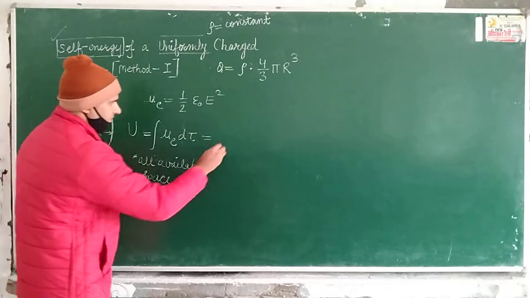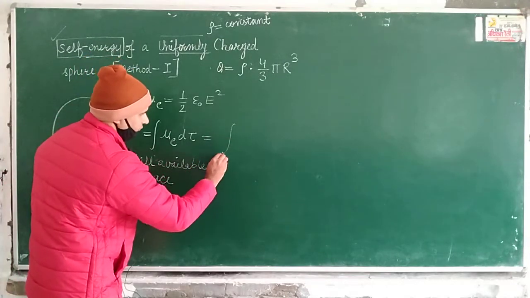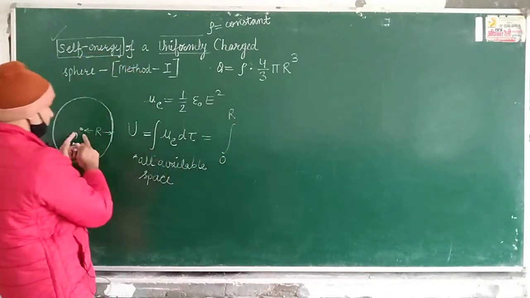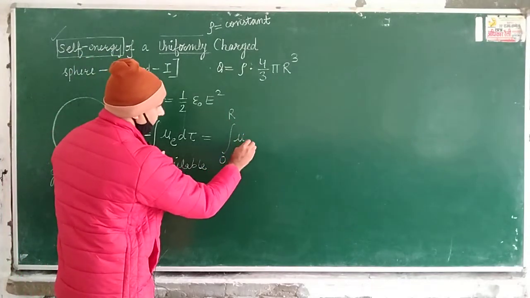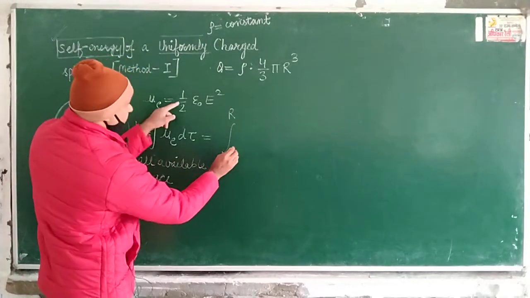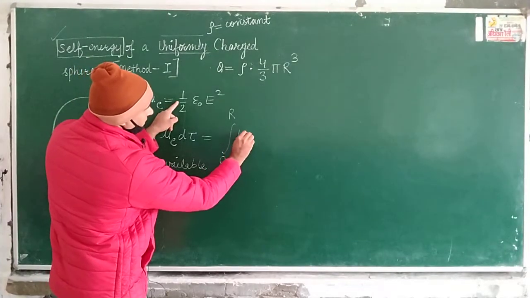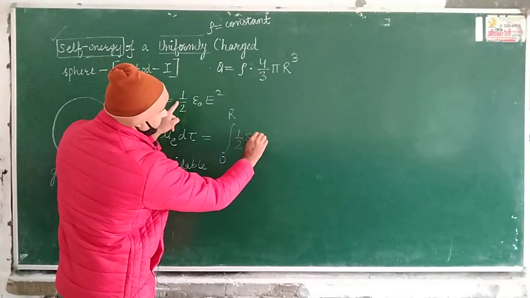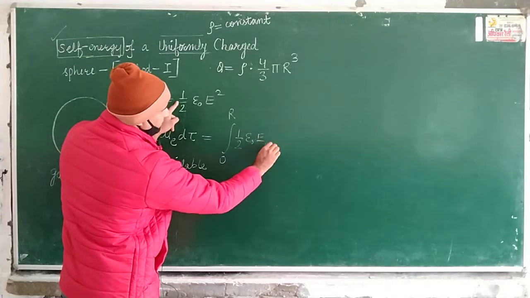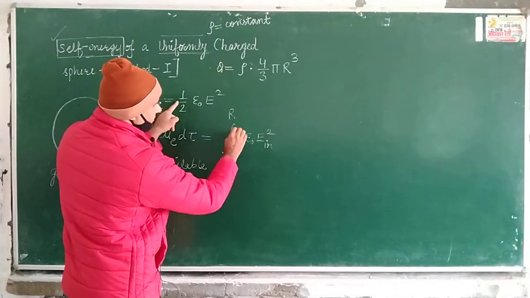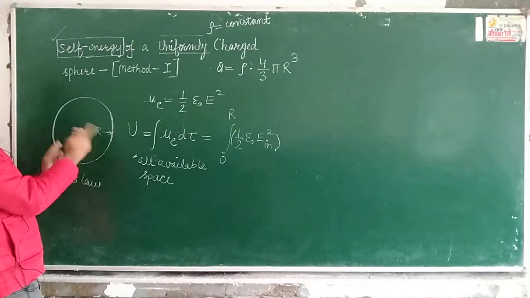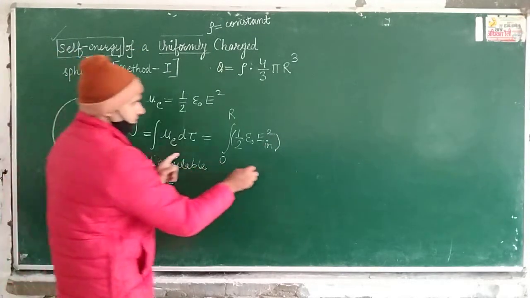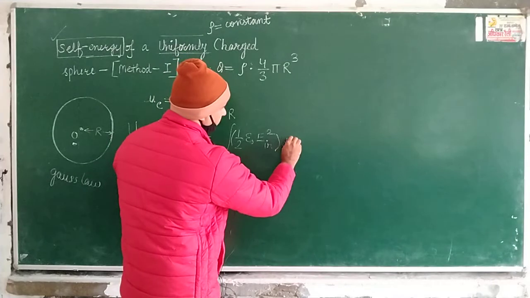This all available space I will divide from 0 to r, the surface radius. Here the energy density will be 1 by 2 into epsilon naught, and here I will write E inside square. This is the energy density in the interior space of the sphere, and then d tau.